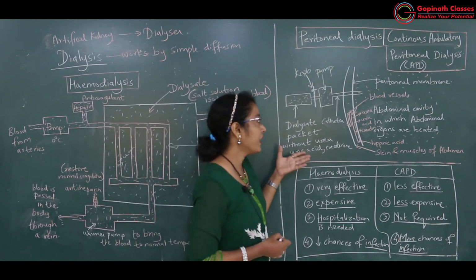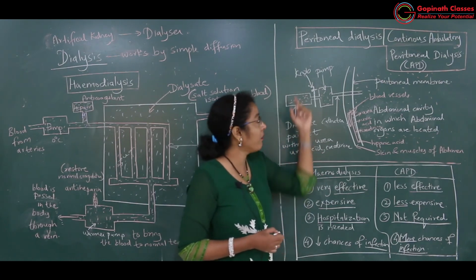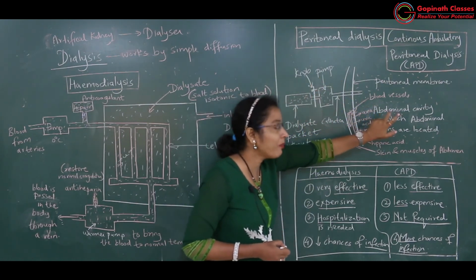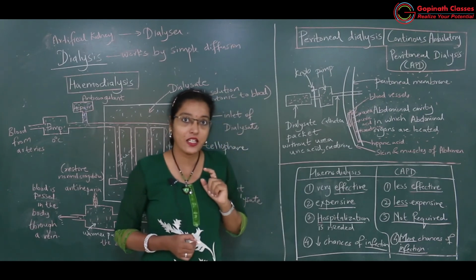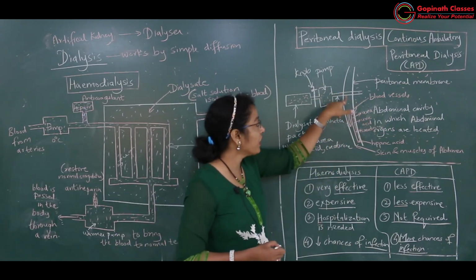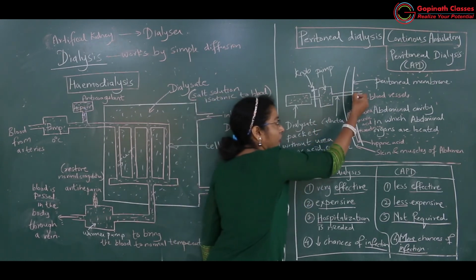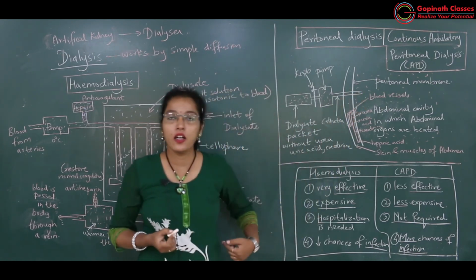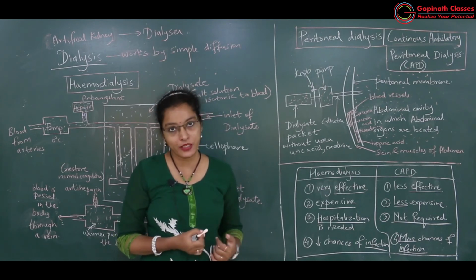So in this method, in peritoneal dialysis, dialysate is added in the abdominal cavity for removing the nitrogenous waste. Here an incision is made over the side of the lower abdominal region.